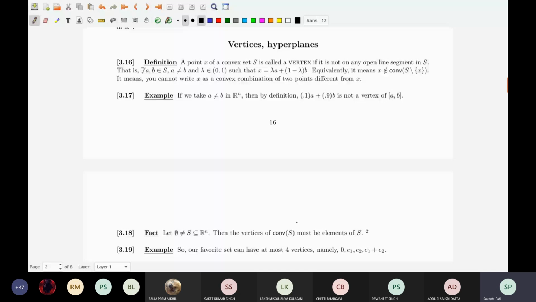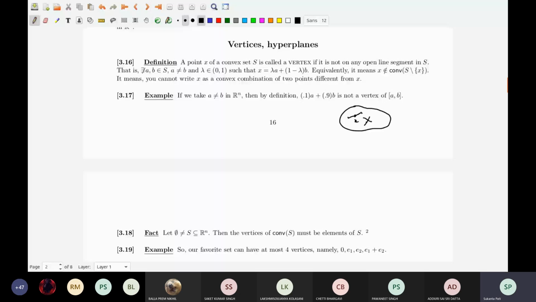What, if you have a convex set, is called a vertex? Suppose you have a point X which can be written as a convex combination of 2 other points. Then this point X is not a vertex. So what is a vertex? The negation of this.